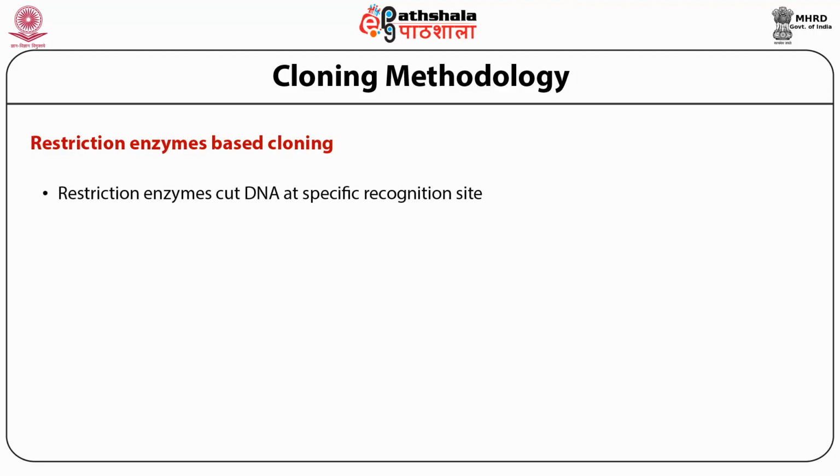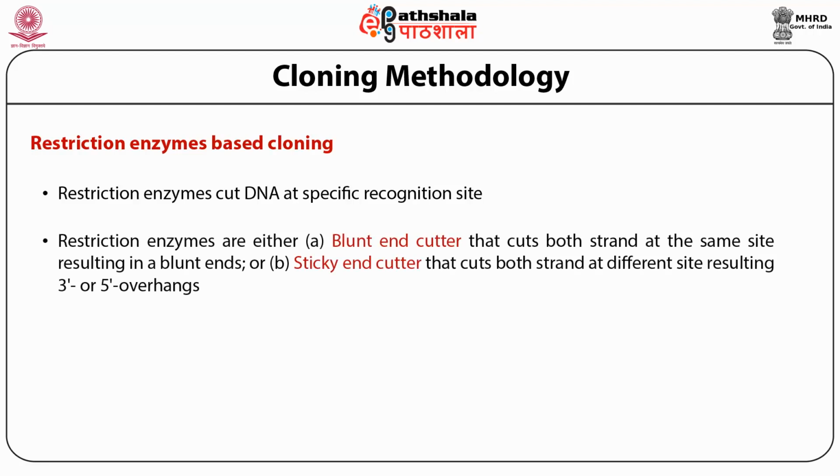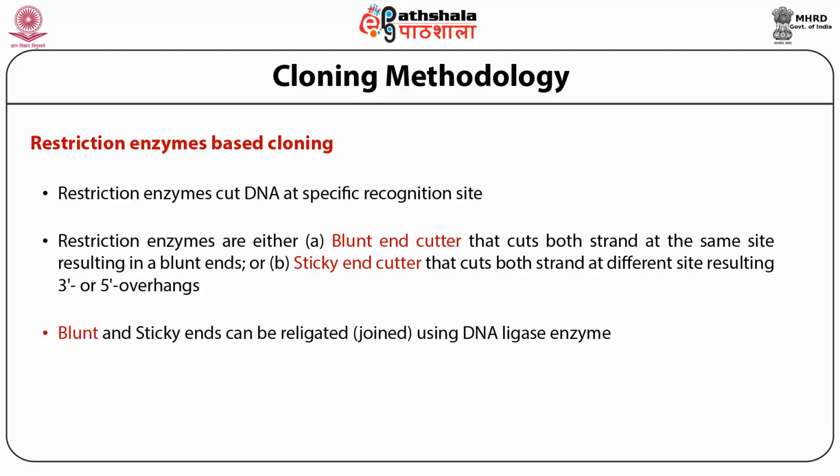Restriction enzymes are enzymes which cut DNA sequences, and they are either 4-base cutters or 6-base cutters. If they cut both the strands at the very same site, they result in a blunt end. They are called blunt end cutters. And if they recognize 2 different sites on the double strand DNA, then they result in a 3' or 5' overhang, also known as a sticky end, and these enzymes are called sticky end cutters. Both blunt end cutters as well as sticky end cutters can be used for cloning purposes.